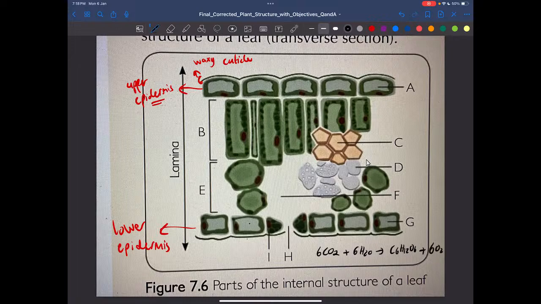So we produce the glucose and oxygen as a byproduct, while carbon dioxide and water are the reactants needed. So we need water, so we don't want water to be lost. That's why we have a waxy cuticle.